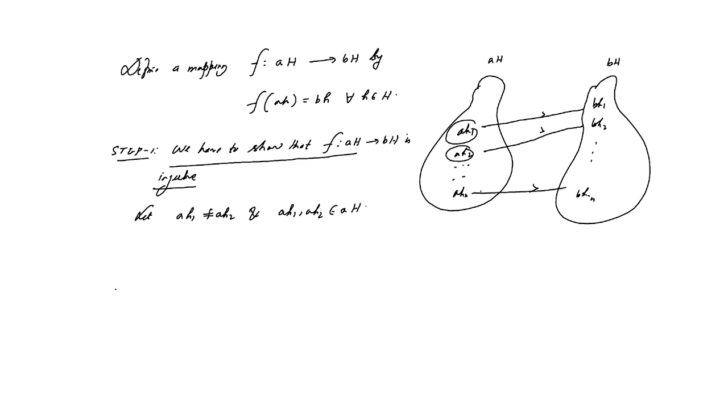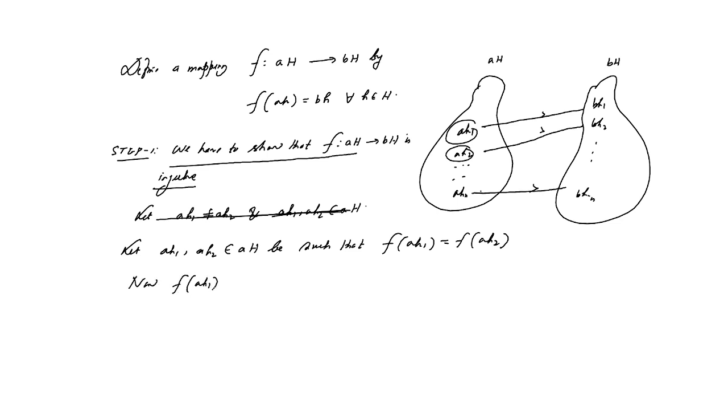We will take it in that way: let ah1, ah2 belong to aH be such that f of ah1 equals f of ah2. And from that, what can we say? Now, f of ah1 equals f of ah2.